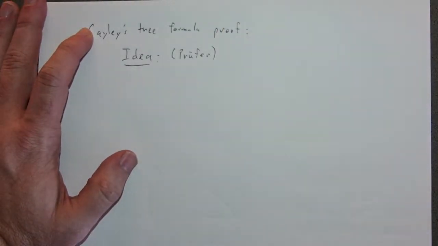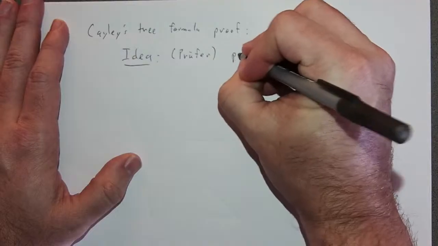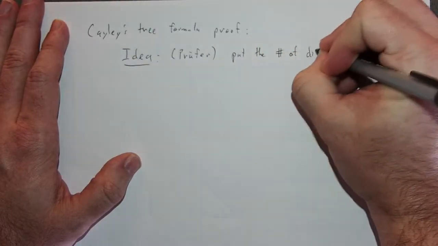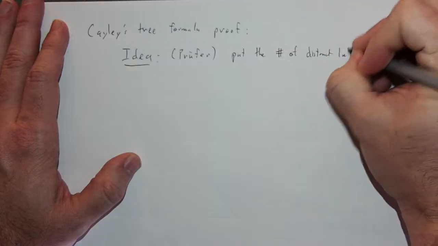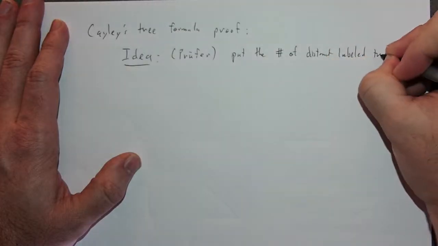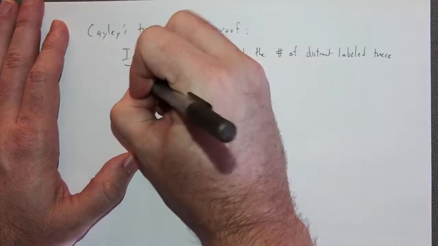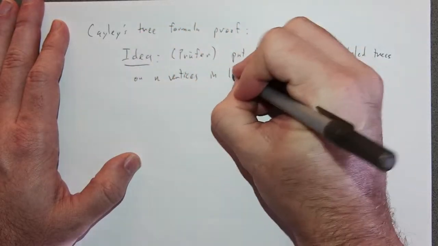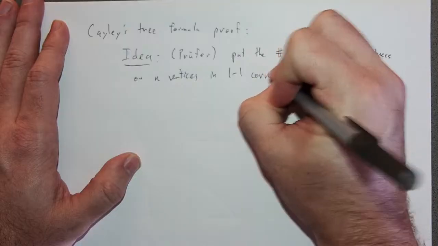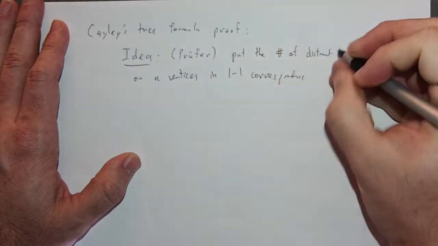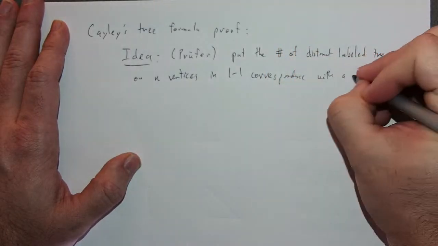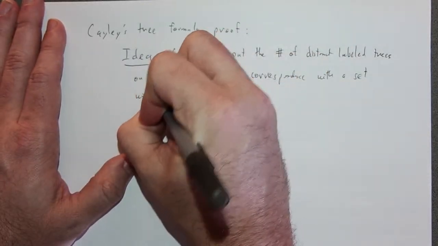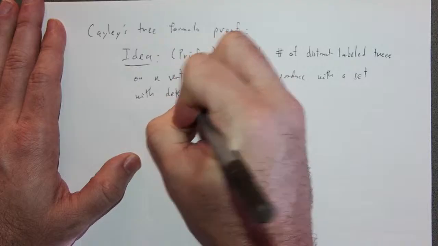The idea is to put the number of distinct labeled trees on n vertices in one-to-one correspondence with a set with determinable size.